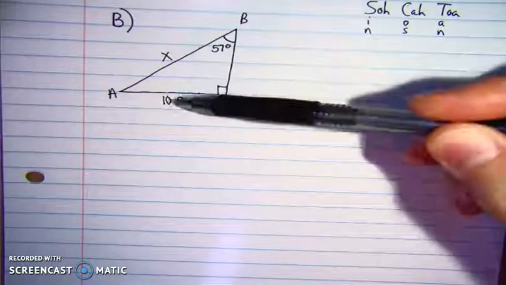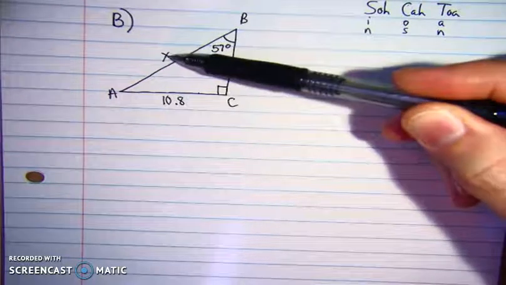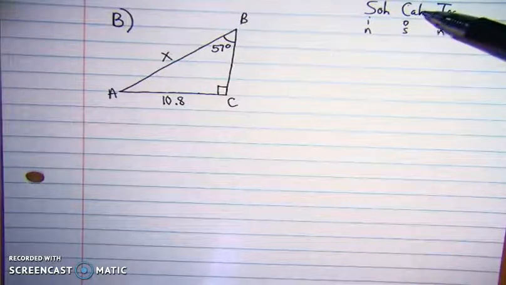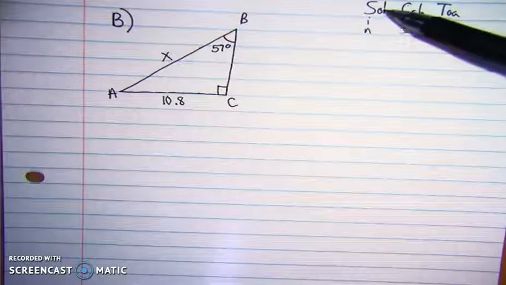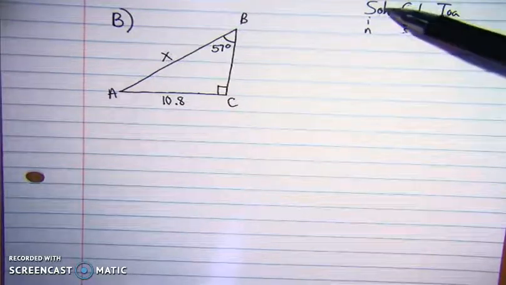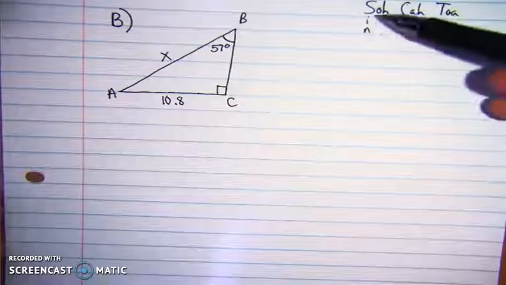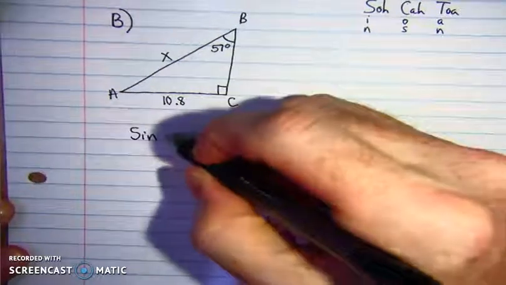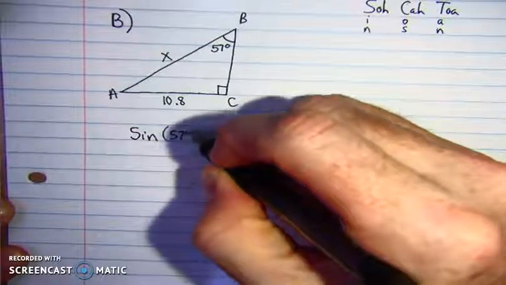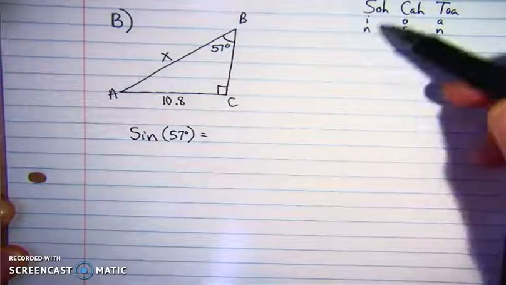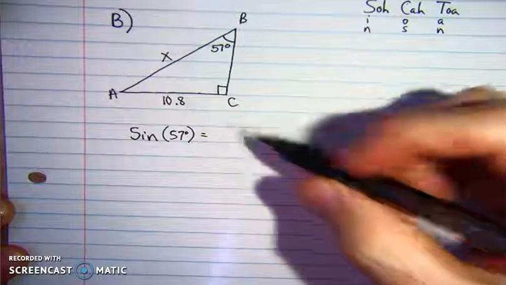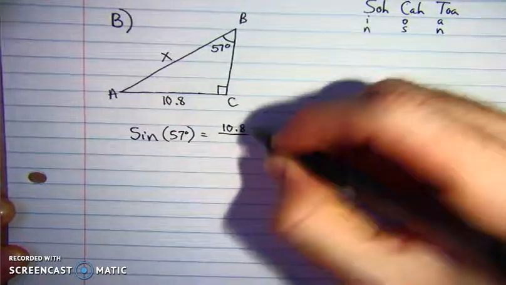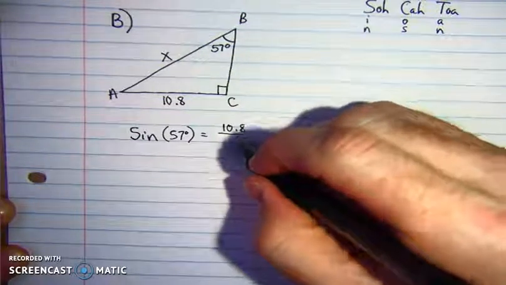So if we have the opposite and the hypotenuse, which trig function are we going to use? If you look over here, the opposite and the hypotenuse are going to be the sine function. So we're going to put sine of the angle, sine 57 equals the opposite over the hypotenuse, so 10.8 over the hypotenuse, which is x.